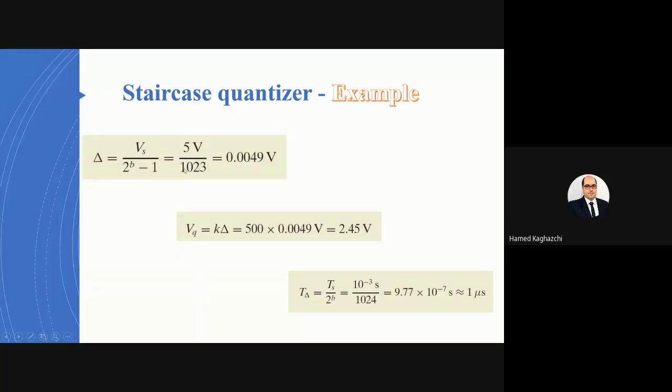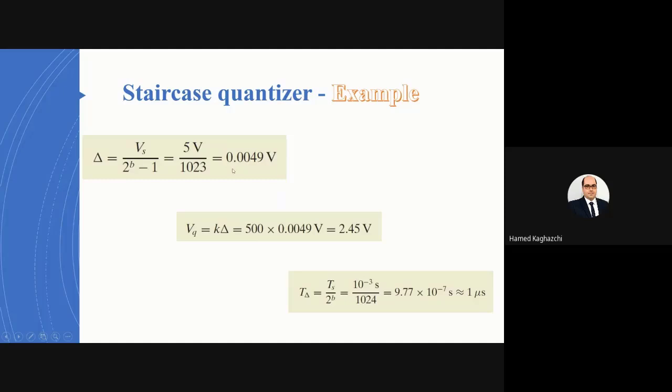So the result will be this value, or approximately we can suppose 5 millivolts. This value is approximately equal to 5 millivolts. Now, the quantized value VQ, according to the formula, is K times delta.